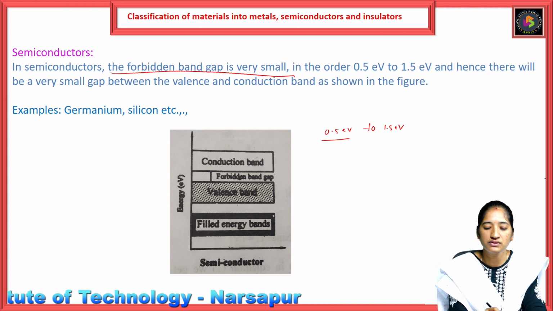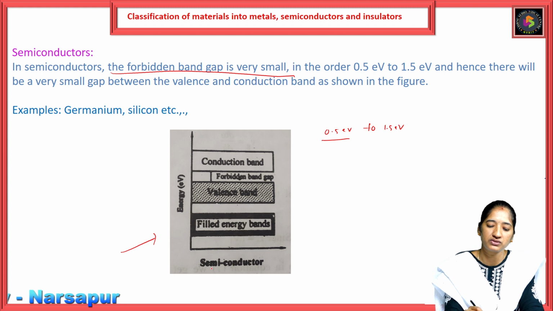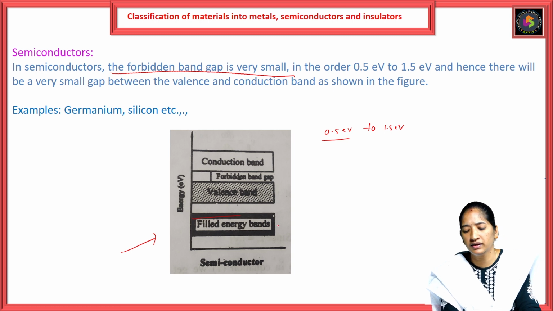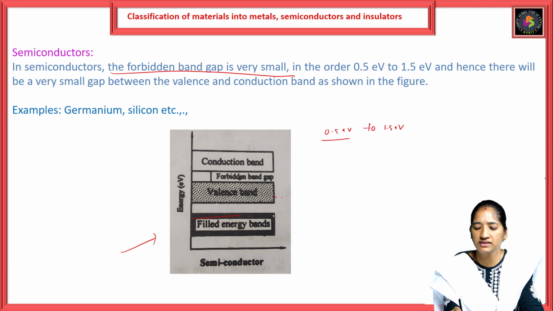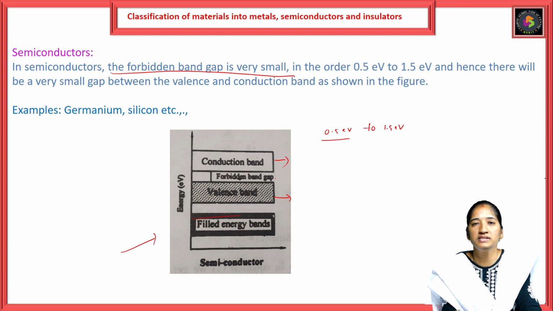So, let us look at this figure. This is the semiconductor diagram, and this axis is energy. Here the filled energy bands form some inner bands, after that the valency band, after that the conduction band. In between, the forbidden band gap will be there, which does not allow energy levels.